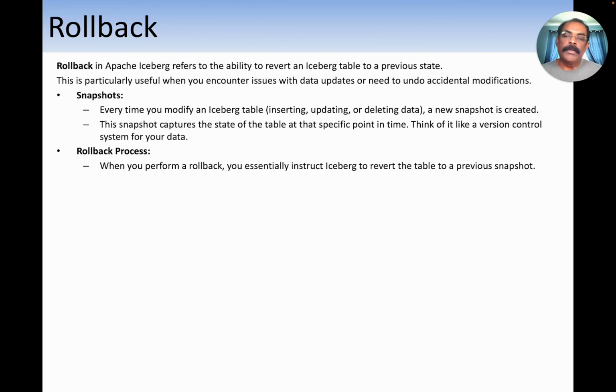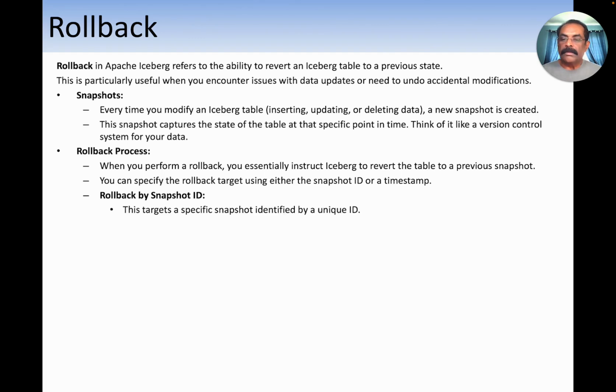When you perform a rollback, you essentially instruct Iceberg to revert the table to a previous snapshot. That's it. It's indirectly a kind of time travel, when you specify the rollback target using either the snapshot ID or a timestamp. So you can roll back to a particular timestamp or a snapshot ID. So, rollback by snapshot ID: you get the list of the snapshots for a given table, with table.snapshots, and then you specify which snapshot you want to roll back to.